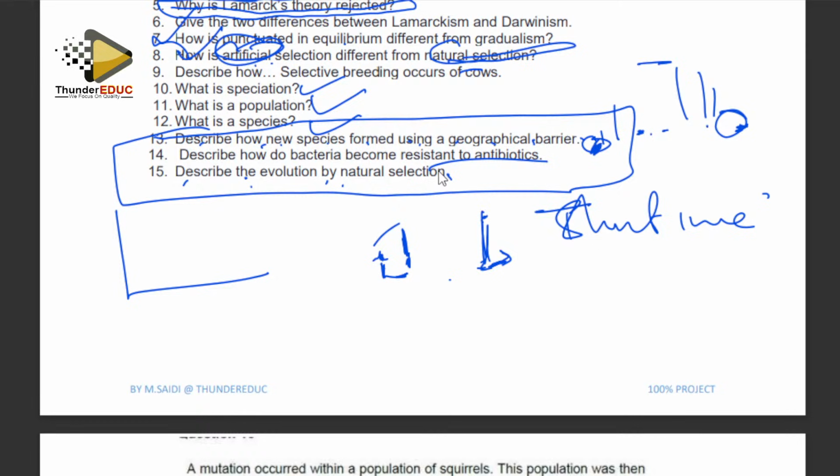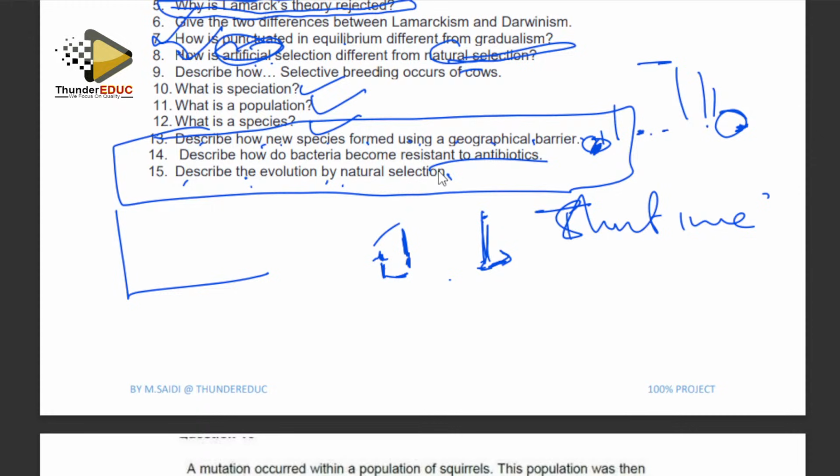You tell us that some are better adapted to live in the environment, while others are not. Meaning that some have favorable characteristics, but you have to tell us which characteristics.